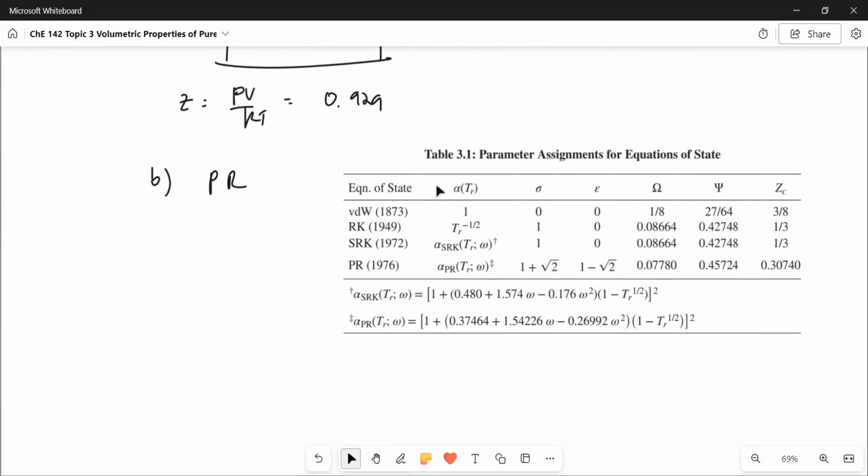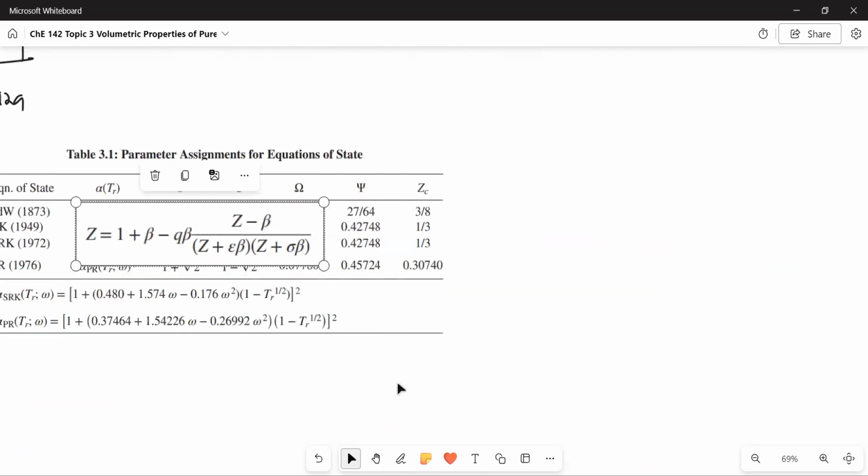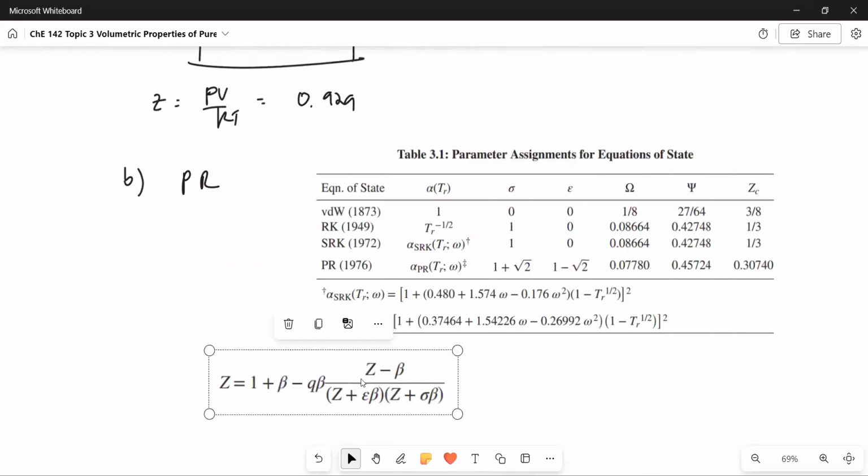Let me copy paste that vapor equation. We use this. And then let me copy paste the other equations that we'll be using, just like in the previous example.